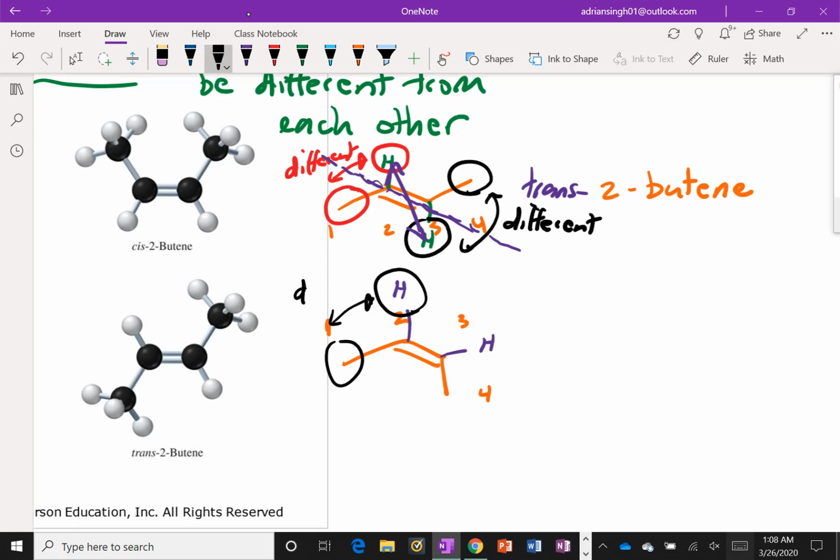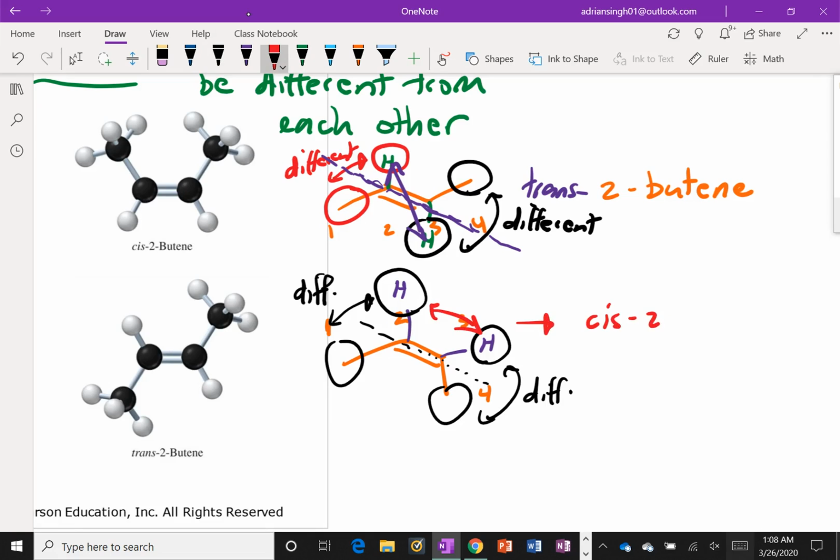These are different. On carbon 3, I have a hydrogen and I have a methyl. These are different from each other as well. So there's a possibility of cis-trans. I look at my double bond. There it is. I orient myself. My H's now are on the same side. So this would be cis 2-butene.